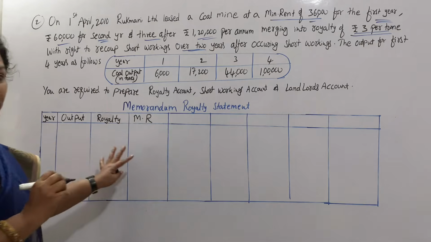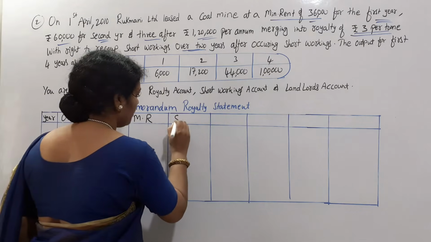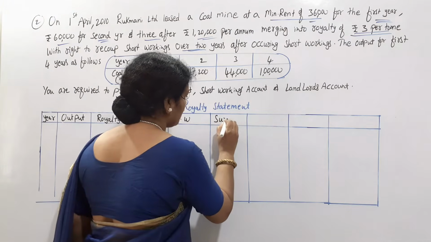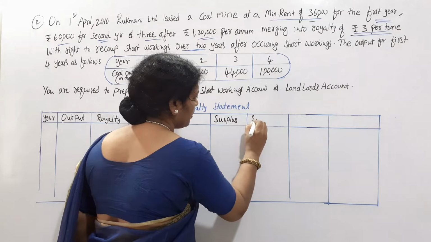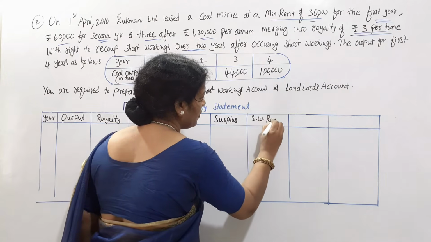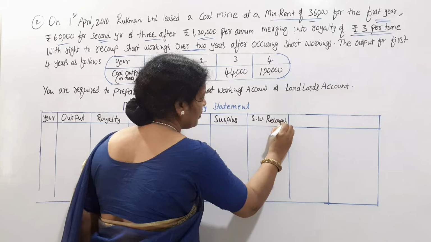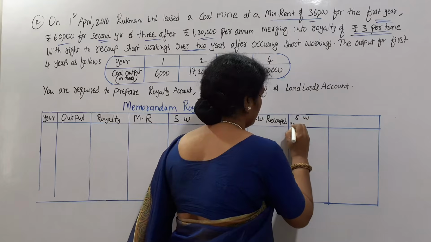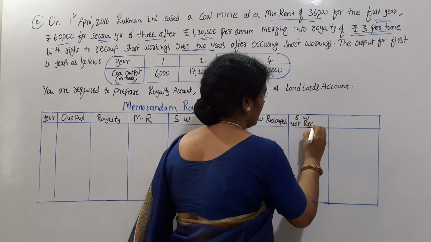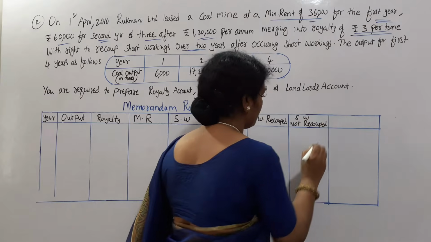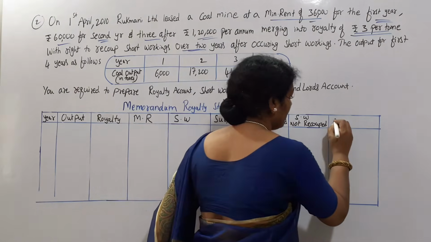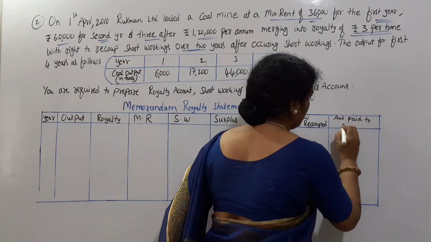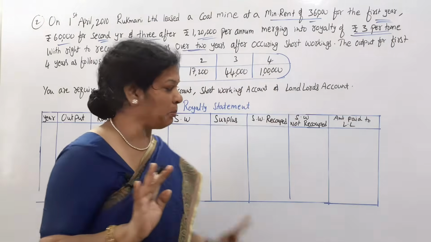Then after that short workings, surplus, short workings recouped, short workings not recouped, and then the last column is amount paid to landlord.